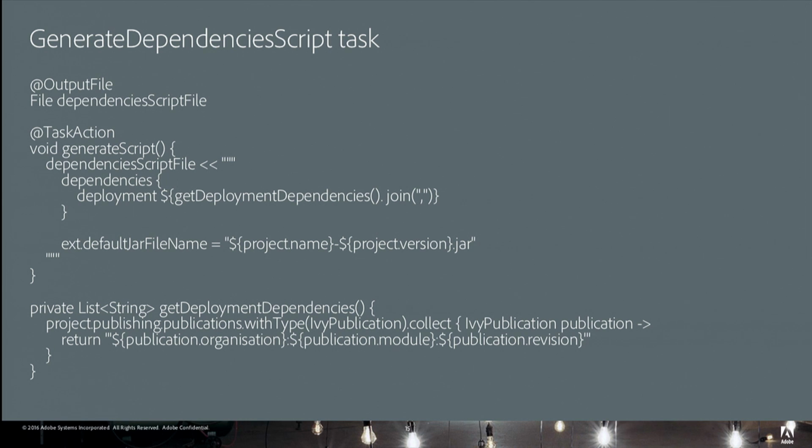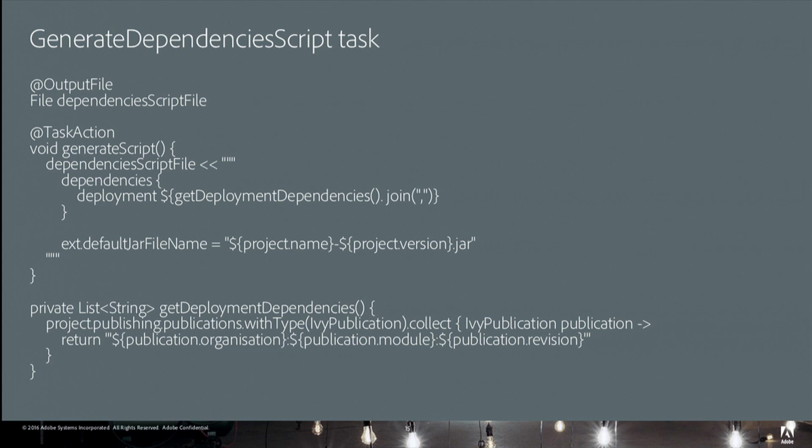Looking at the code a little bit here, this is for the generate dependencies, so that script. We'd have that script file with everything that was going to be deployed, and we basically would package that up, but any sub-project that wanted to be a part of what was getting deployed would have to apply the Ivy Publish plugin.